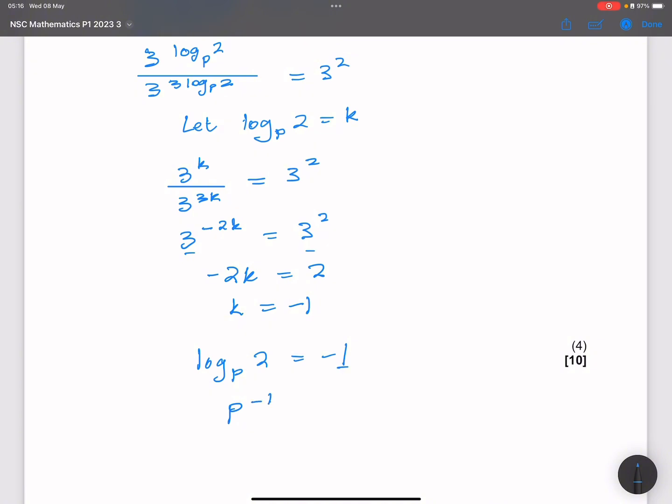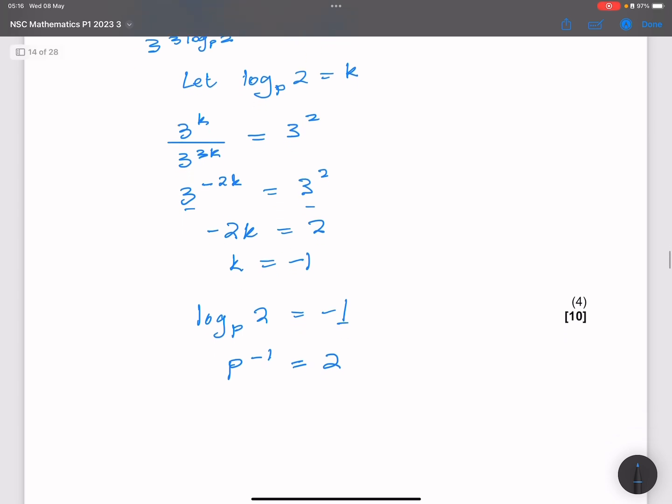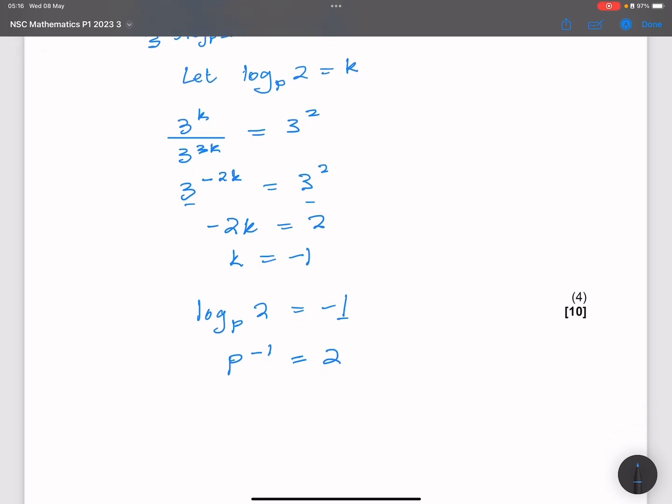So p to the power of -1 is equal to 2. So that's 1 over p is equal to 2. I invert both sides. So therefore p would be equal to 1 over 2.